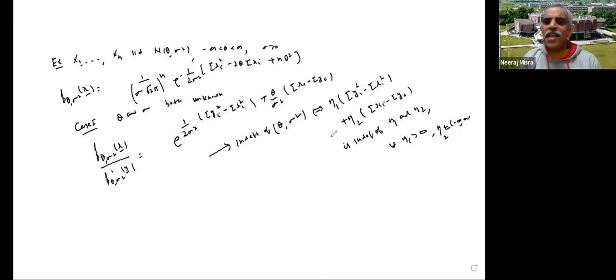This does not depend on eta 1 and eta 2. That can happen only when the coefficients are 0. Otherwise, they will depend on eta 1.